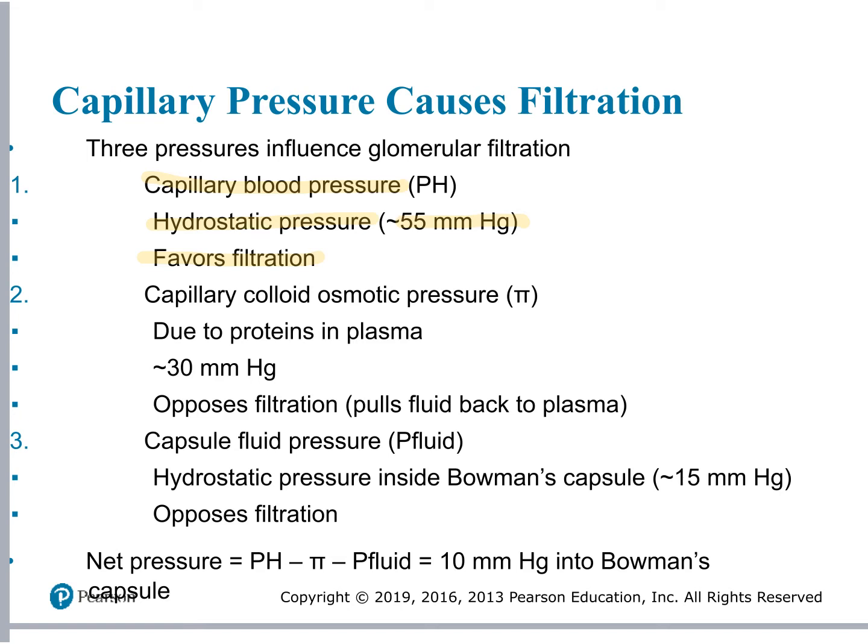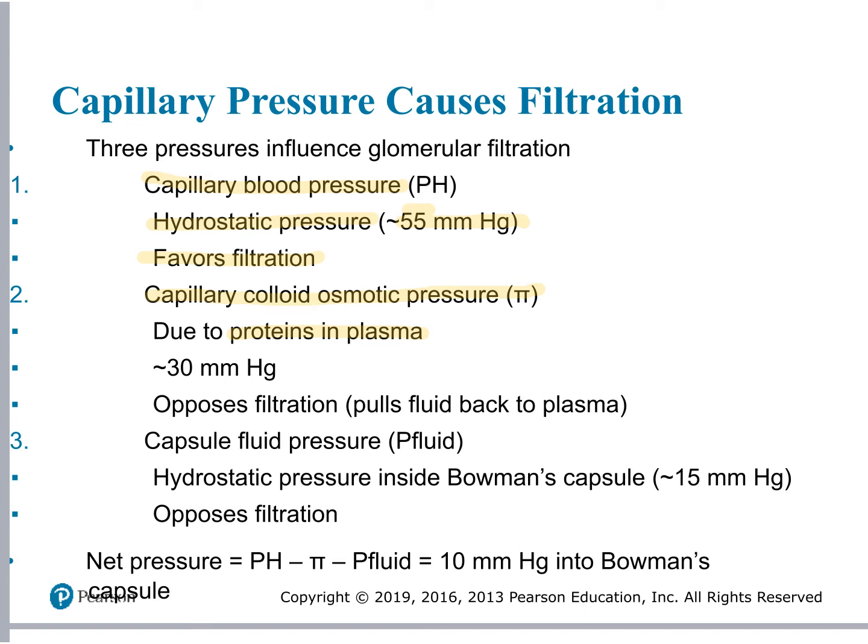But for now, we have to think of it this way. That 55 millimeters of mercury of pressure from hydrostatic pressure is forcing fluid out into the renal corpuscle. The other pressure to take into consideration is the colloid osmotic pressure inside of the capillary. If we remember back to the chapter on capillaries, colloid osmotic pressure is created by the proteins of the plasma, more specifically the albumin.